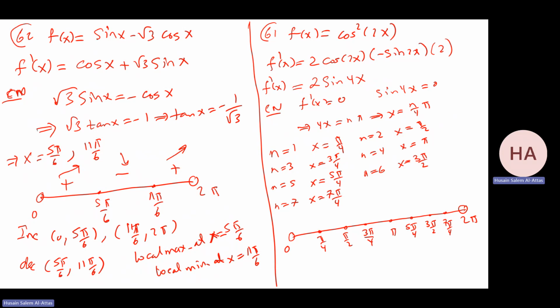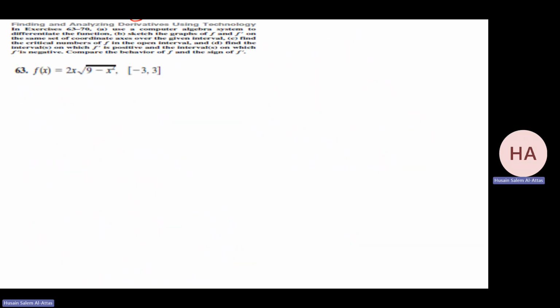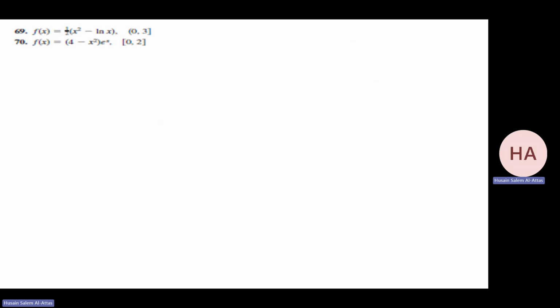I will put the signs. Start decreasing, increasing, decreasing, increasing, decreasing. The signs are negative, positive, negative, positive, negative, positive, negative, positive. So you know decreasing, increasing, relative maximum, relative minimum, I will leave it for you. Just the calculation is a little bit complicated.